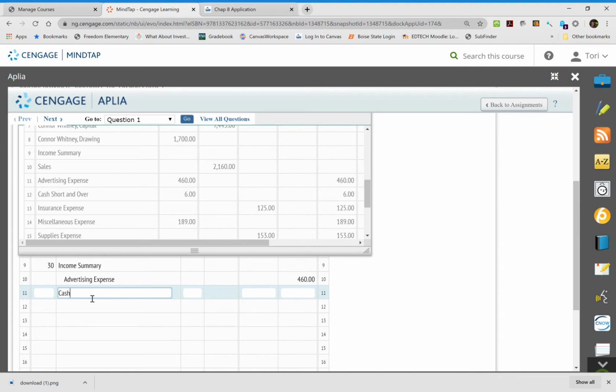We're going to put in our cash short and over for $6. We're going to do insurance expense for $125.